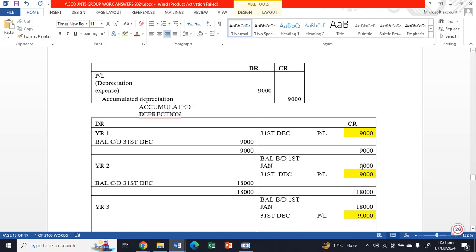Then you add it with this 9,000 from the previous year. So 9,000 plus 9,000, 18,000. So in year two, the accumulated depreciation is 18,000. As we're going to see, as the years go by, this accumulated depreciation is going up. And as the accumulated depreciation goes up, the value of the asset is going down.